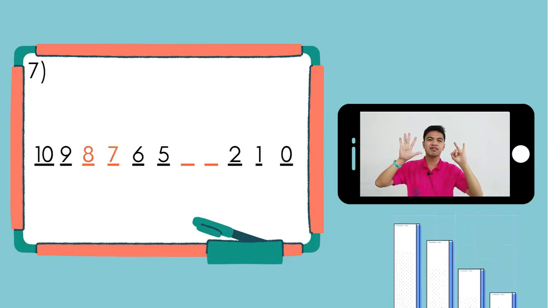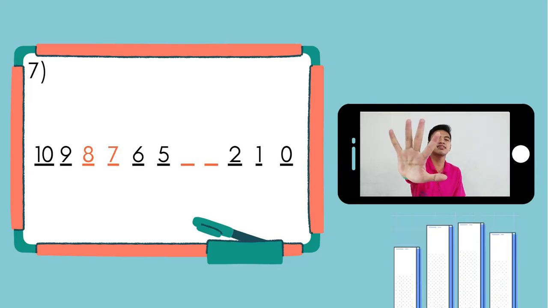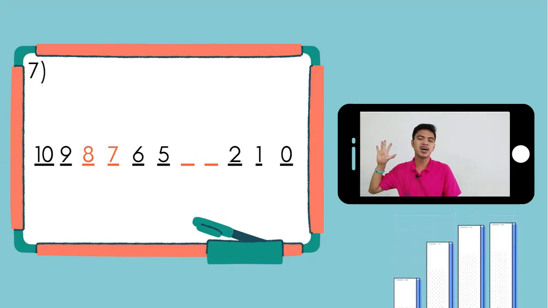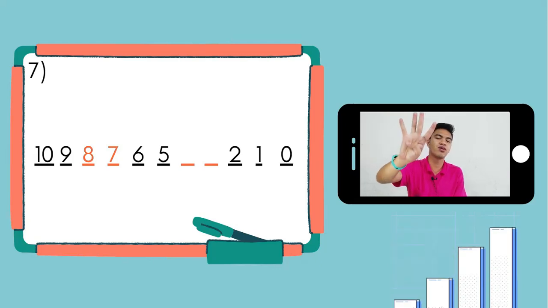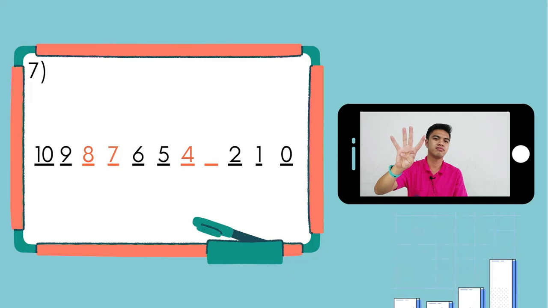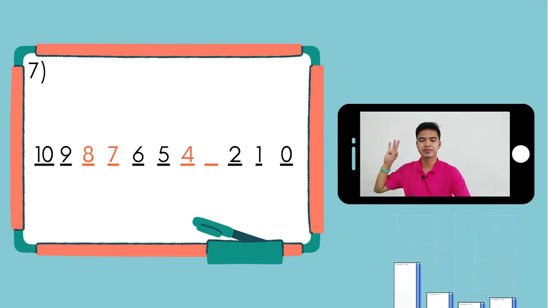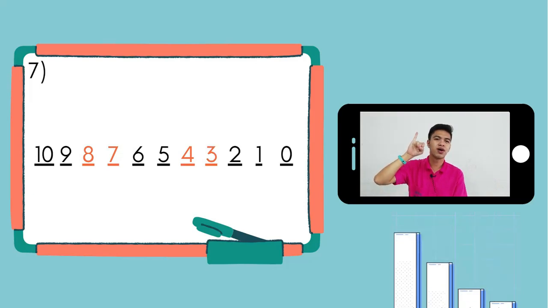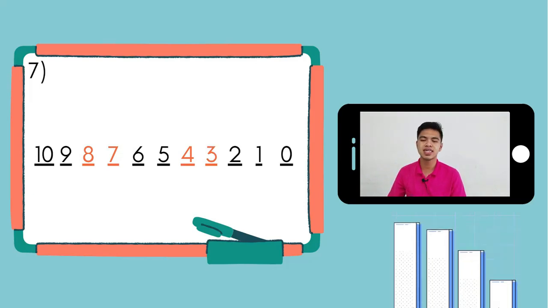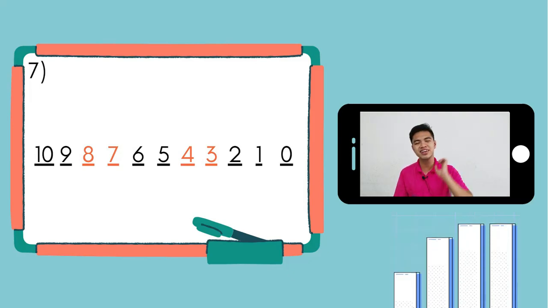And then it will be 6, 5, and then what is the next number? Good job. It will be 4. Okay, so let's write 4. And then one more down. It will be 3. And then 2, 1, and 0. So we have the series of numbers from 10, 9, 8, 7, 6, 5, 4, 3, 2, 1, and 0.